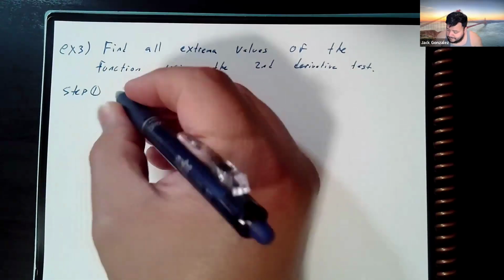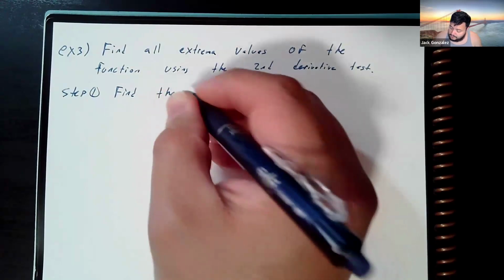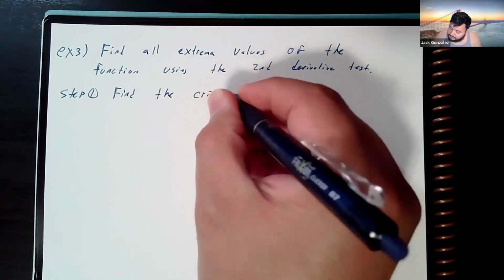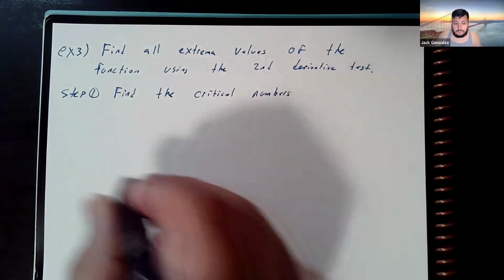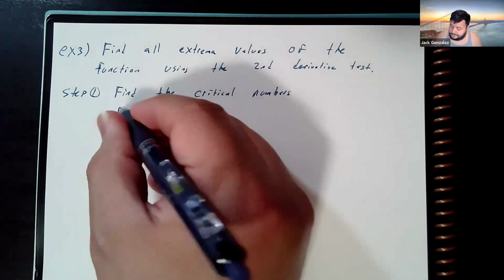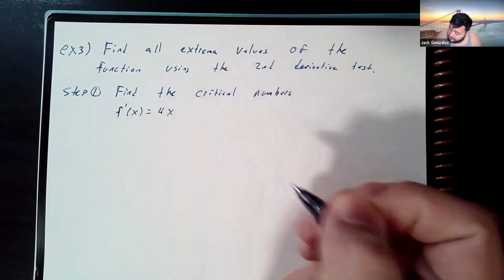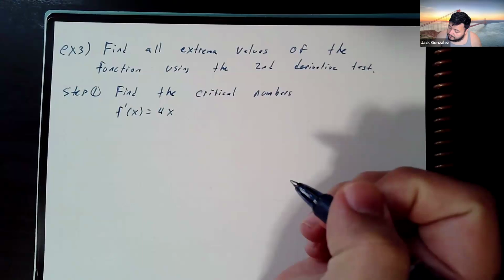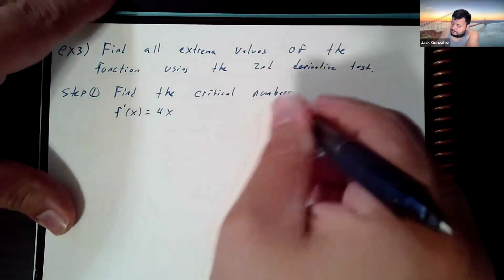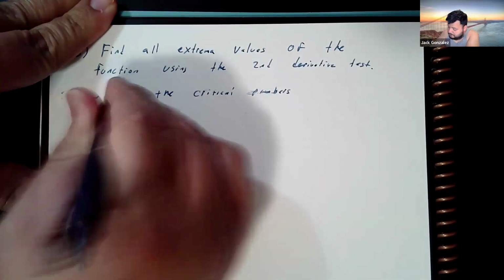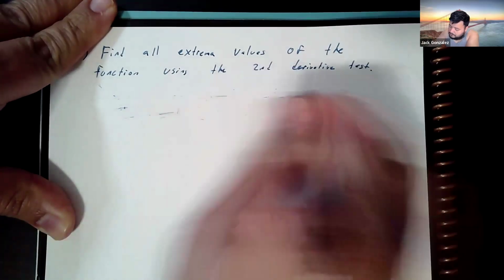Step one, find the critical numbers. So let's go ahead and find the first derivative, set it to 0. Let me see. How do I write the function? Sorry about that.